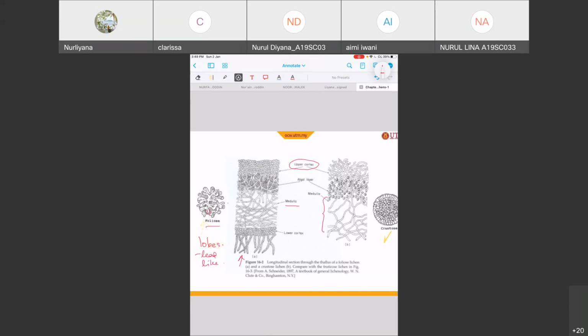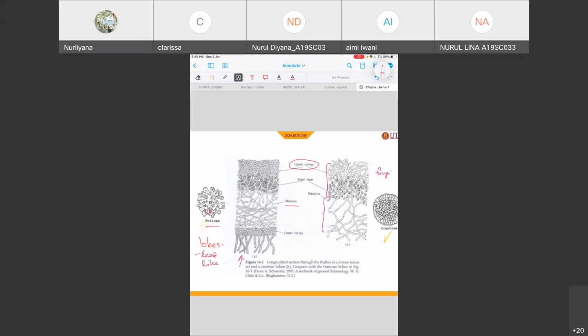That means this is the upper layer, the cortex, where you can see the hyphae of the fungi.